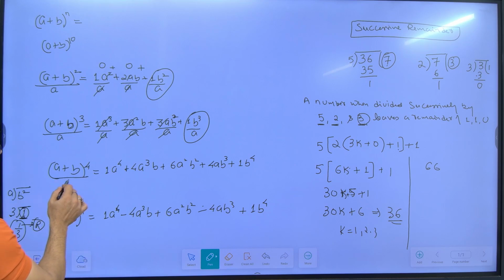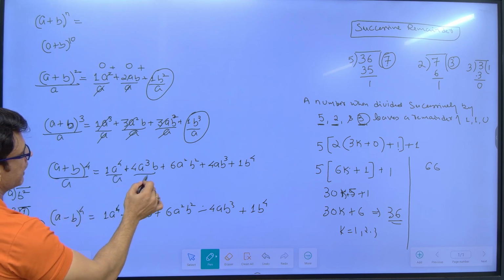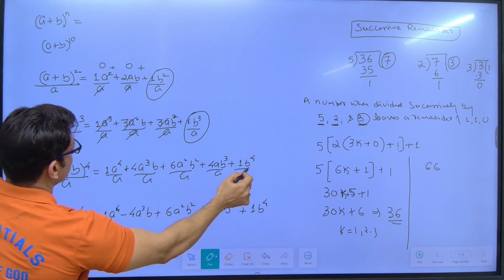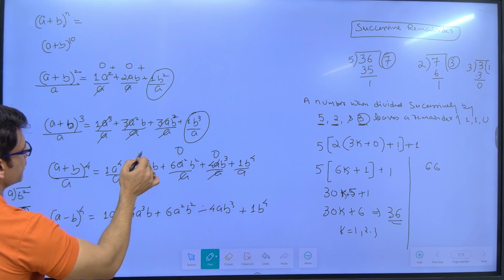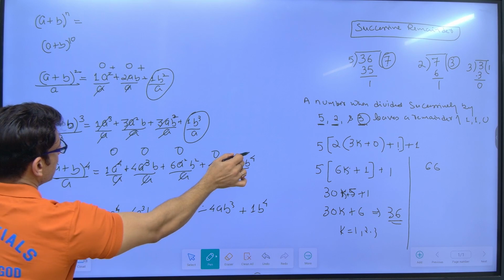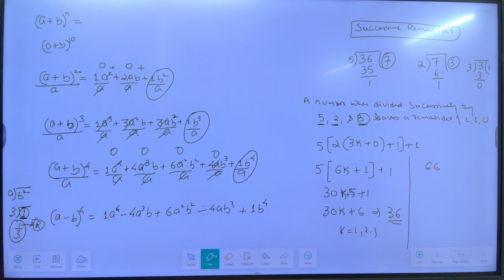Anyway, if I divide this with a, same as dividing each term with a, 0, 0, 0, 0, and the final remainder will depend on b raised to the power 4, right? So either you do it or you just focus on this.